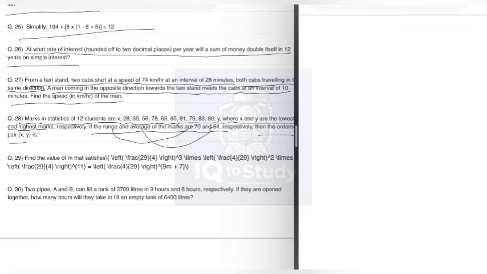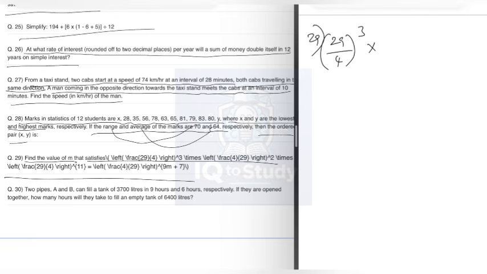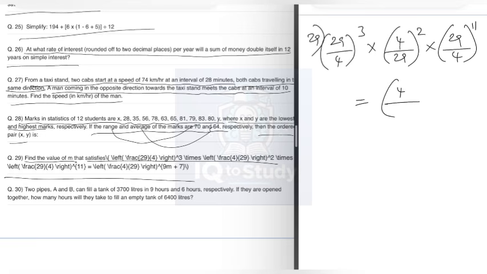Find the value of m that satisfies the given equation. Given equation is (29 by 4) whole cube into (4 by 29) whole square into (29 by 4) whole power 11, that is equal to (4 by 29) whole power 9m plus 7.